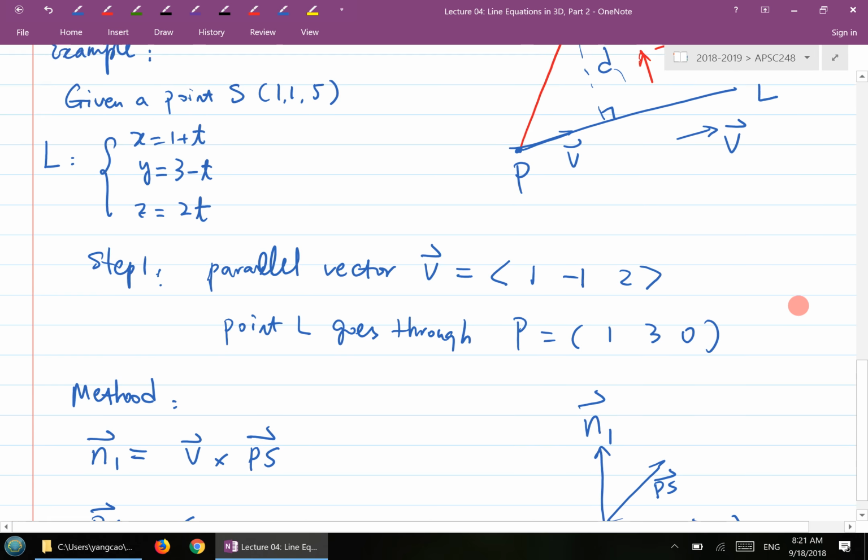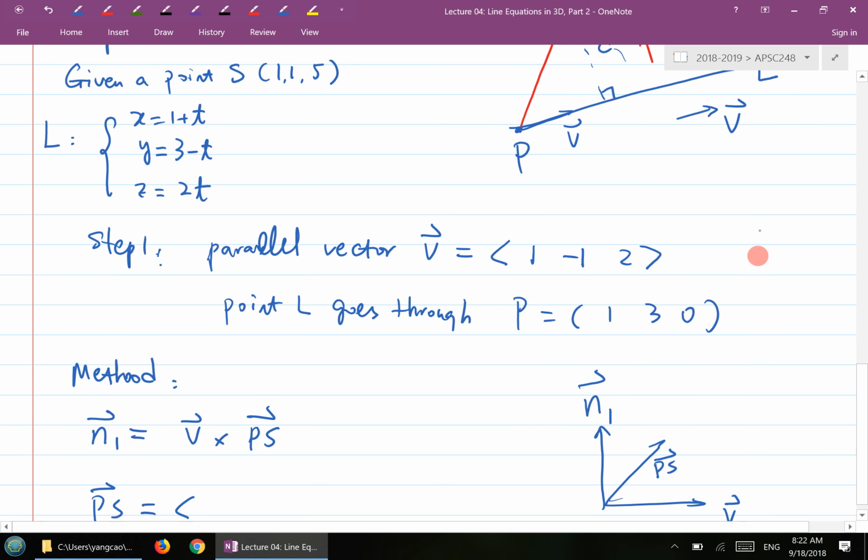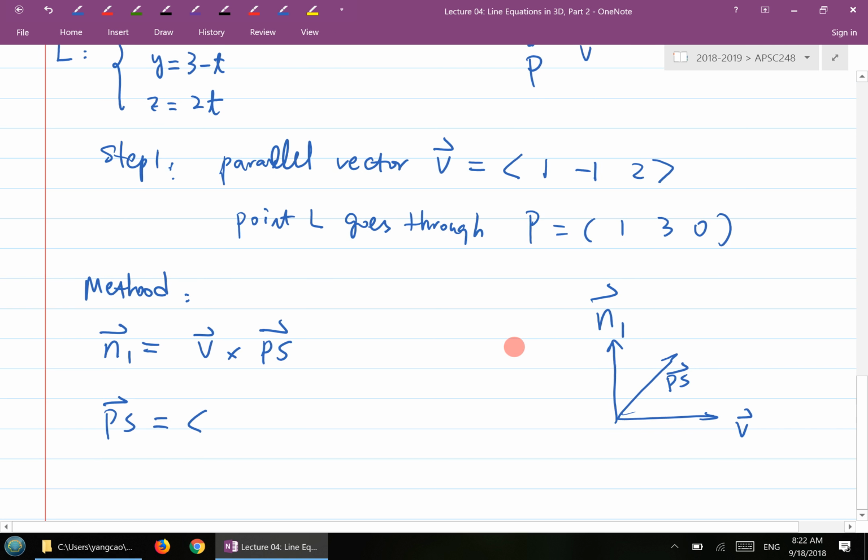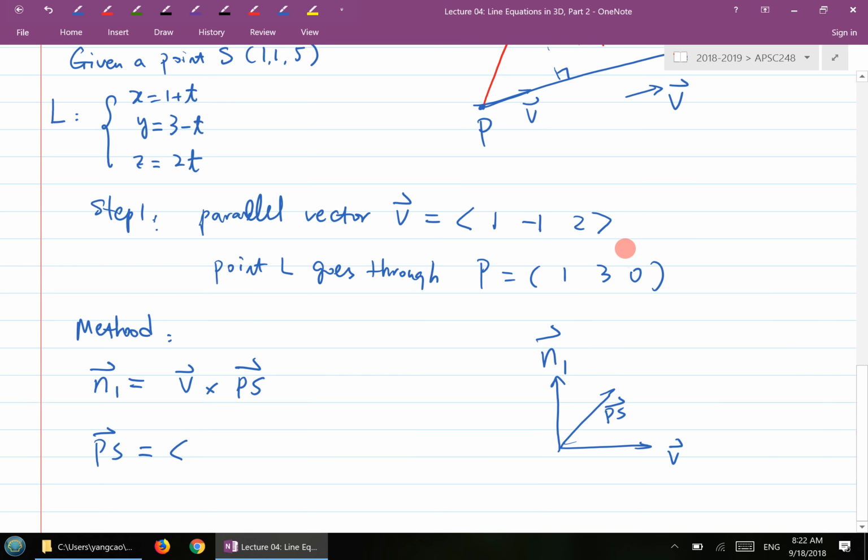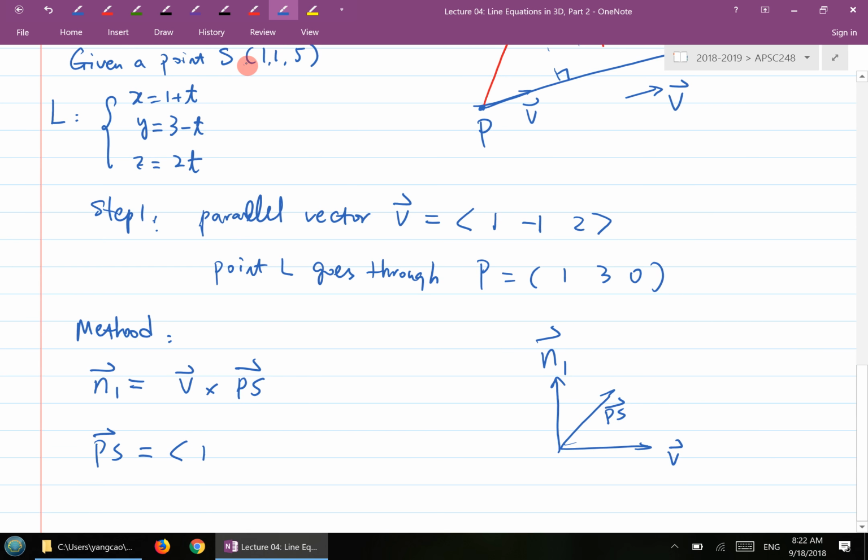So S is 1, 1, 5, P is 1, 3, 0. 1 minus 1, 1 minus 3, 5 minus 0, which is 0, negative 2, 5. That's your PS vector.